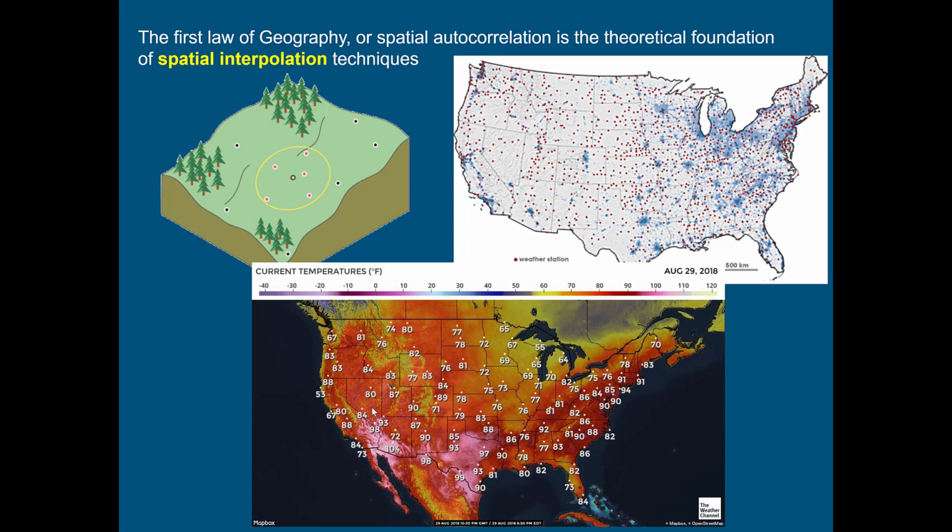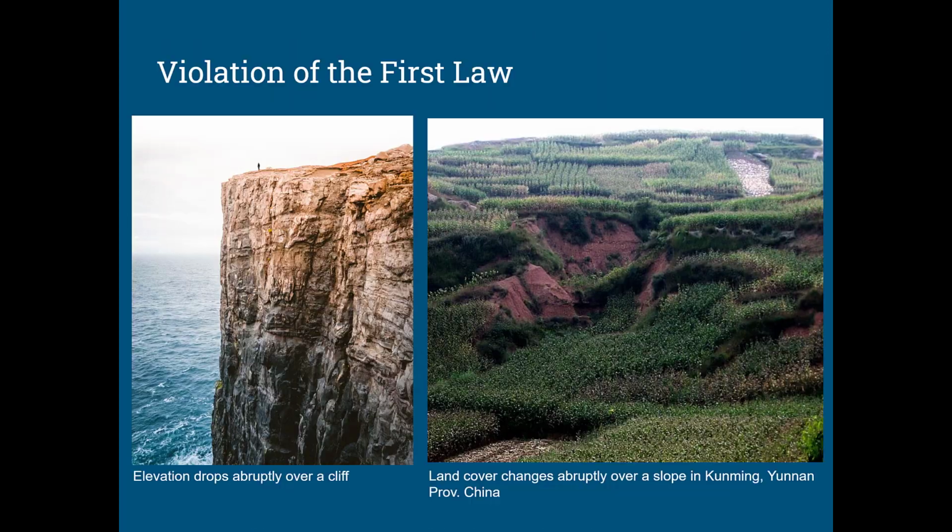How do we know the temperature here? About between 80 and 90s. You can see in this color. That's called spatial interpolation. We basically use the nearby weather stations, the measured data, to guess what's the temperature over here. Later we will learn how to do that with GIS.